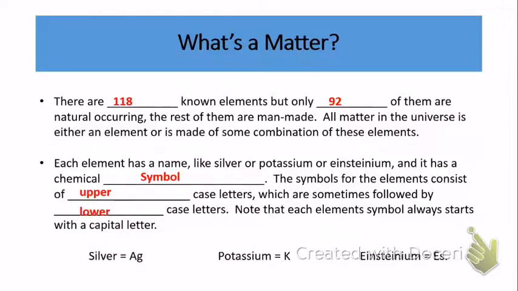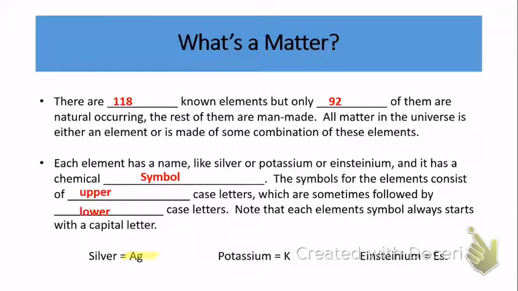The symbol of an element always consists of an uppercase letter, which is sometimes followed by a lowercase letter for certain elements. For example, silver has the symbol Ag. Notice that the first letter in the symbol is capitalized, followed by a lowercase g.